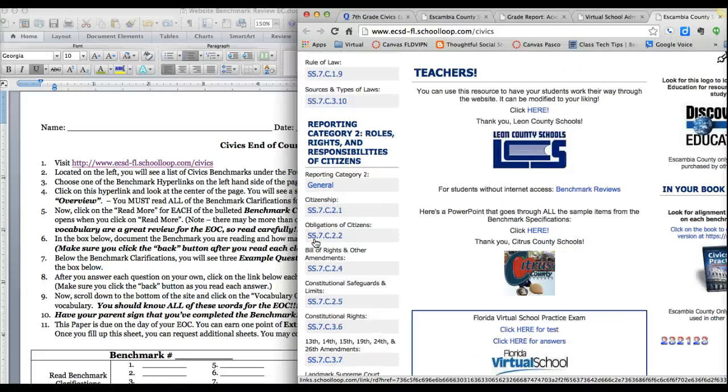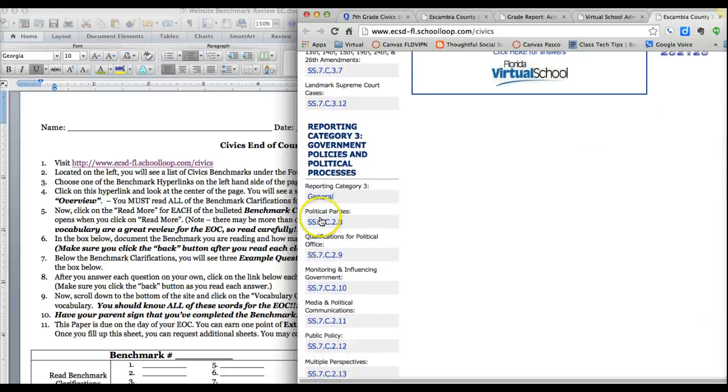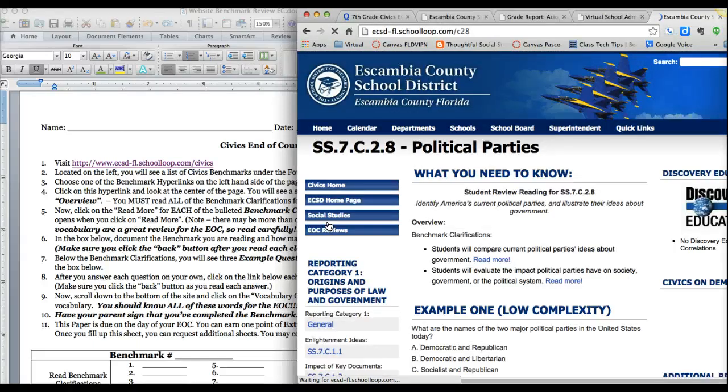For example, say you know that government policies and political processes under category 3 is not your strong point, then you might want to start in this category. Maybe we start here and we're just going to go in order through each of the benchmarks. That'd be the best way to do it. So you click a benchmark.